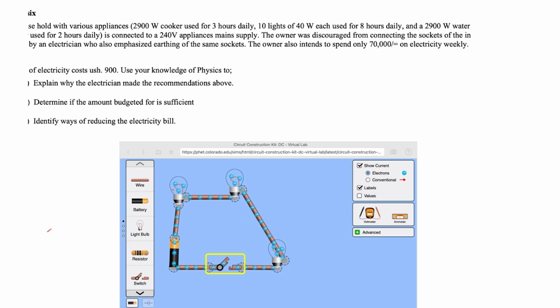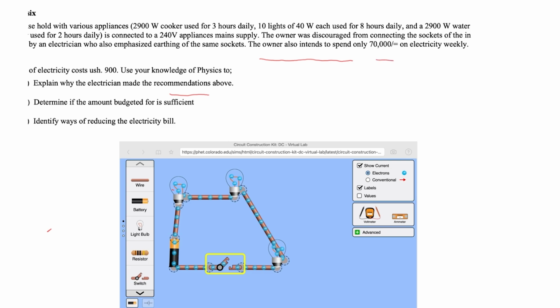Before we attempt our first item, let us first go back and search out which recommendations the electrician provided. The first recommendation was the owner was discouraged from connecting the sockets in what?